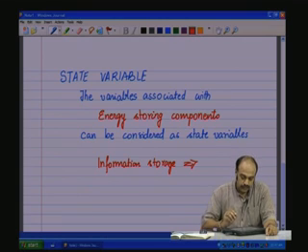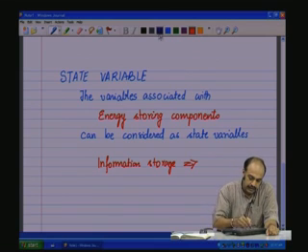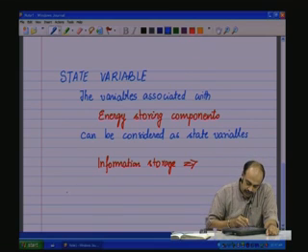Now, we can state from these two that any variable that is associated with a component having memory can be considered as state variable, and that would be the most general statement.